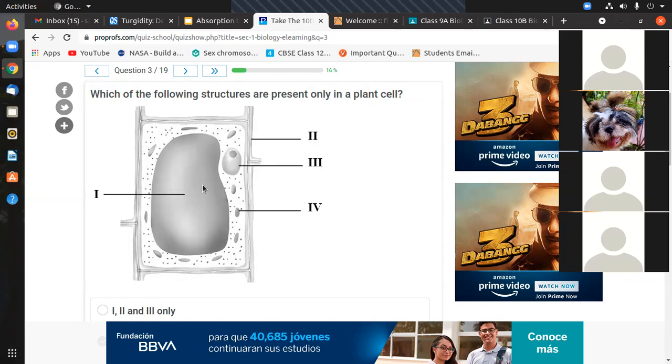Small vacuoles are present in animal cell as well. Sir, I guess all those small dots are chloroplasts, and that is mitochondrion or something. But mitochondria is usually shown in a zigzag manner. This is not the way it is shown. Or these can be starch granules, the dots that you are referring to.